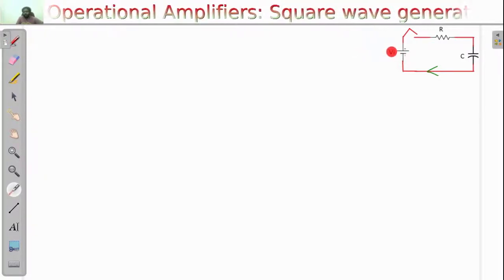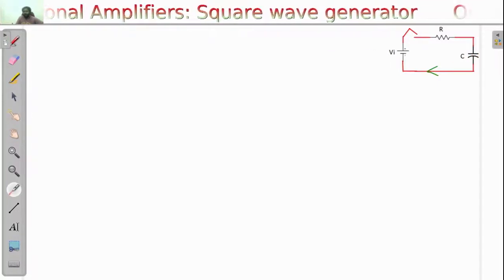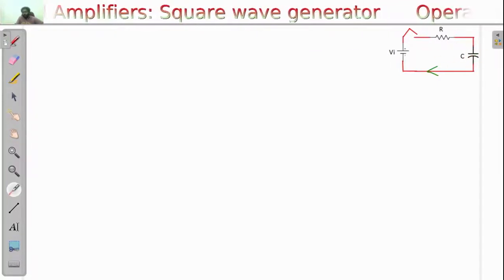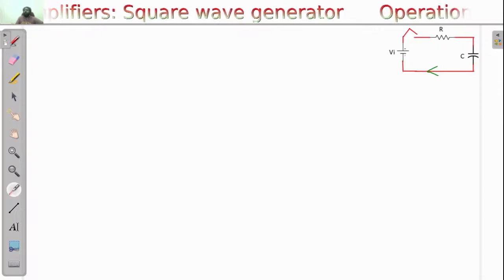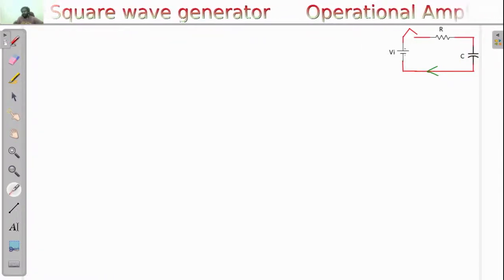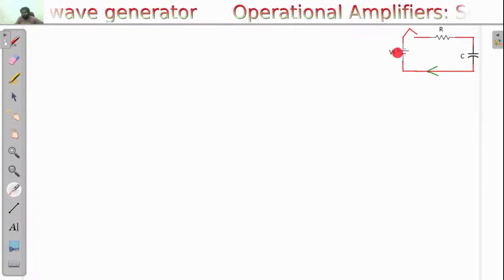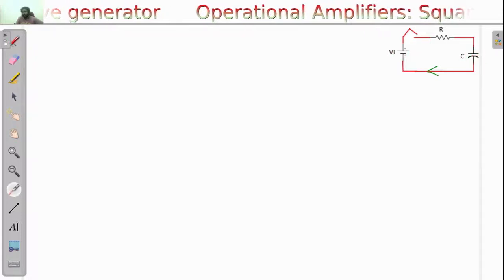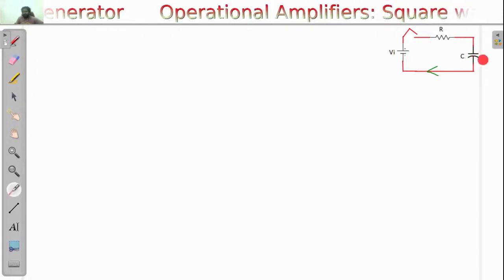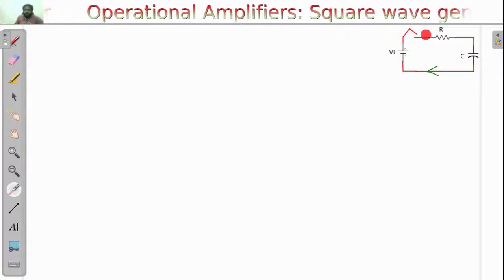So in practical cases, we will be approximating in a very short interval. Depending upon the RC time constant, we will get an almost filled capacitor, but the exact voltage will not be transferred to the capacitor, and that exact voltage will only be transferred at time t equal to infinity.